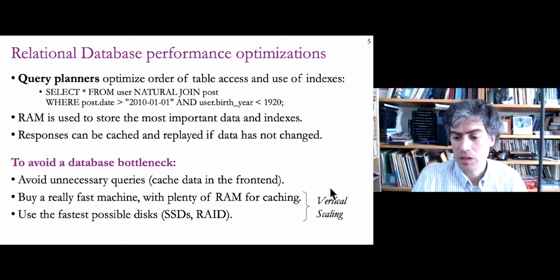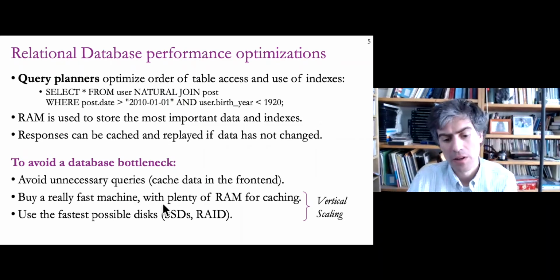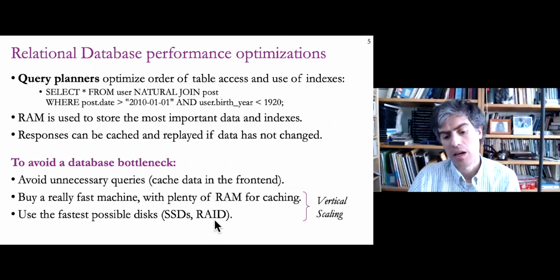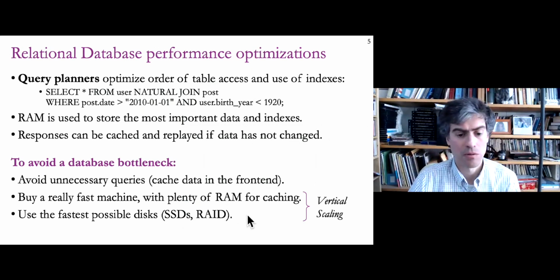Other things you can do is just apply vertical scaling. So buy a really fast machine for your database, the fastest possible. Have plenty of RAM in there for caching. If you can afford it, also get the fastest possible disks. So use solid-state drives and use them in parallel using a RAID configuration. That also would improve your performance.